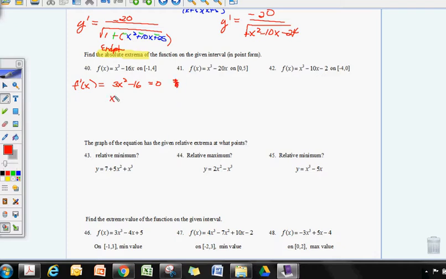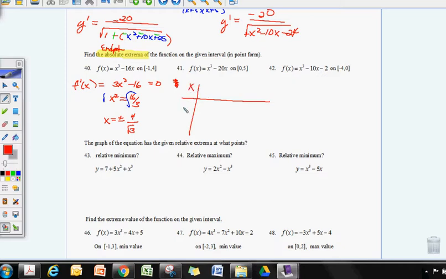I get x squared would equal 16 over 3. So x is going to equal plus and minus, when I take a square root of each side, the square root of 16 is 4 over the square root of 3. Okay, so this is where I make my chart.